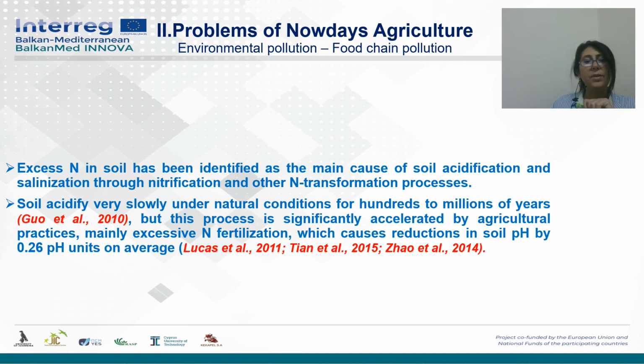But this acidification of the soils is significantly accelerated by agricultural practices, mainly the use of excessive nitrogen fertilization, which causes a reduction in soil pH of about 0.25 pH units on average.